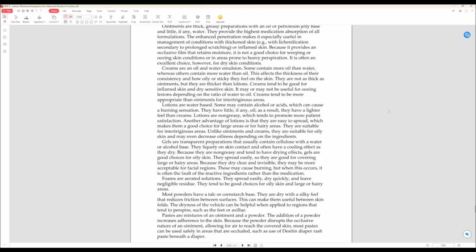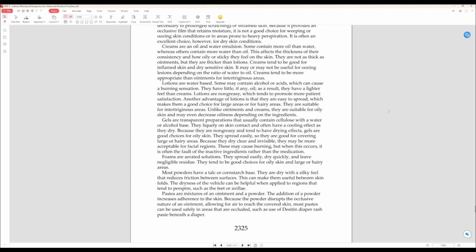Creams are an oil and water emulsion. Some contain more oil than water, whereas others contain more water than oil. This affects the thickness of their consistency and how oily or sticky they feel on the skin. They are not as thick as ointments, but they are thicker than lotions. Creams tend to be good for inflamed skin and dry, sensitive skin.